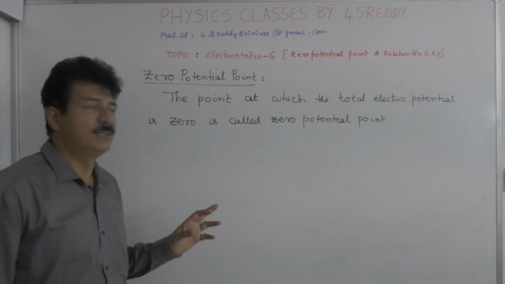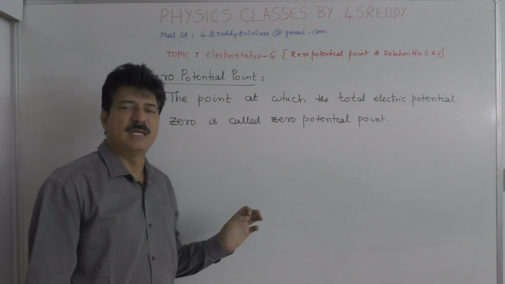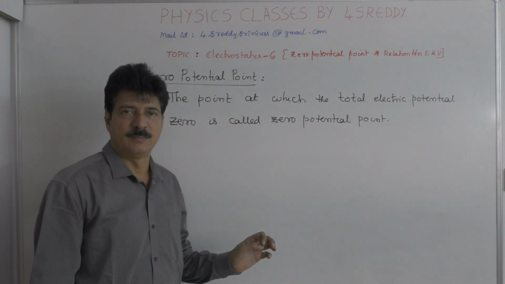The point at which the total electric potential is zero is called the zero potential point.